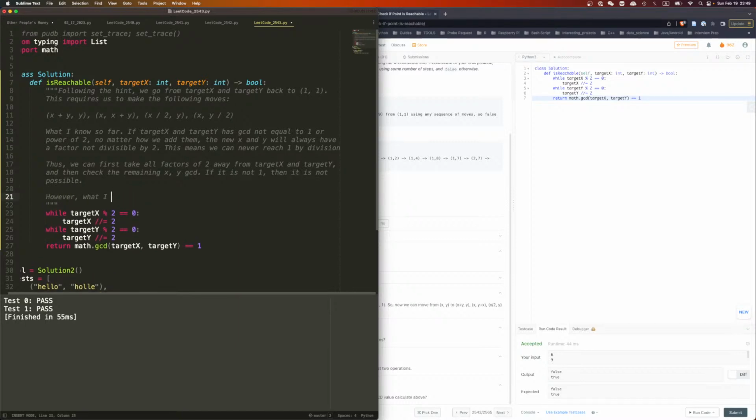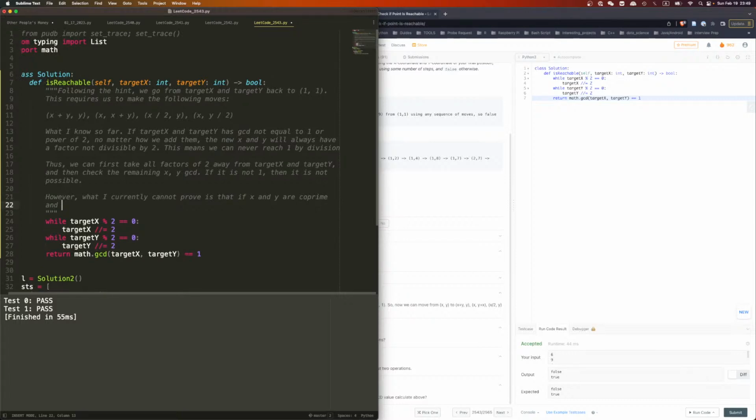However, what I currently cannot prove is that if x and y are co-prime and odd, they can always go back to 1 and 1.